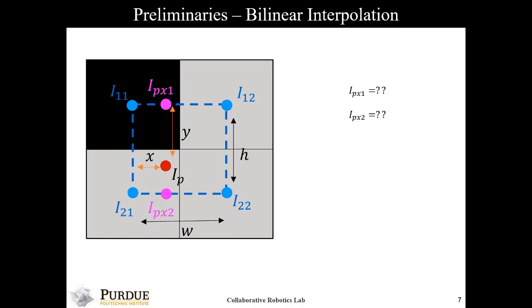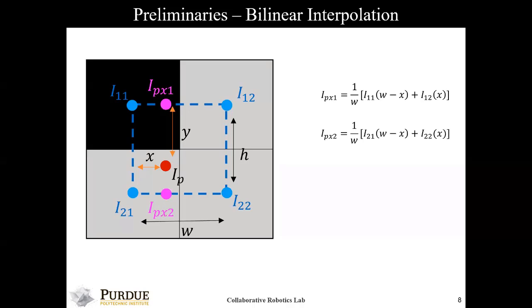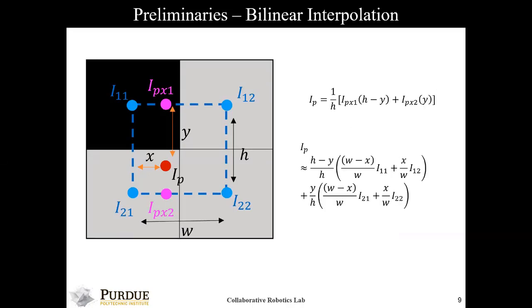So we do the same thing. We assume a linear interpolation between the points IPX1 and IPX2, and then we can figure out where those are. That goes across I11 to I22, that's X. Then we do the same thing top to bottom to find the actual value between the two.